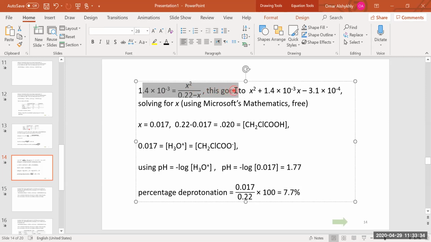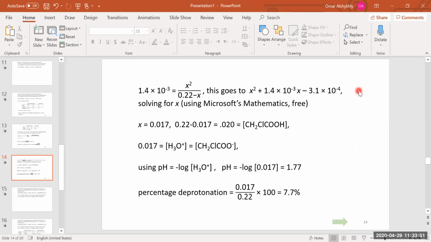This will go to x squared plus 1.4 times 10 to negative 3 x minus 3.1 times 10 to negative 4. Solving for x using Microsoft Mathematics, you can use it to deal with this quadratic equation.